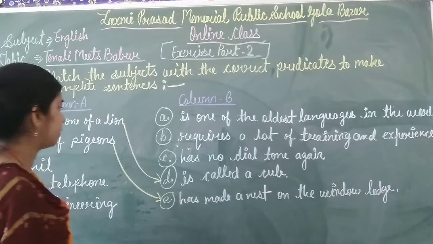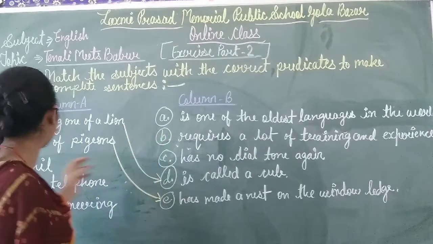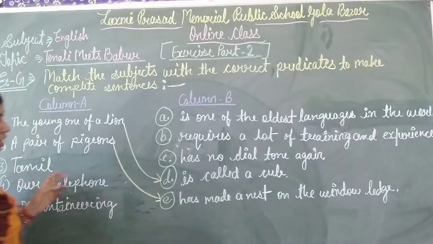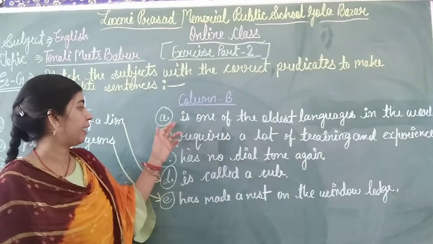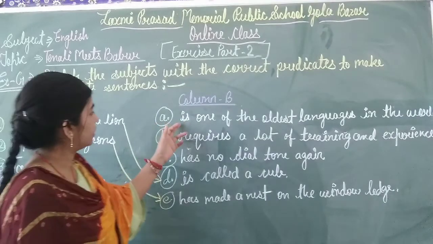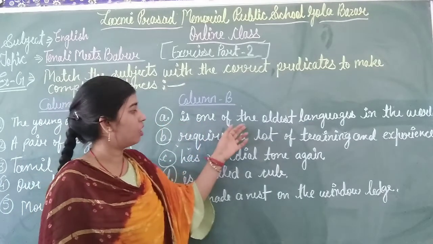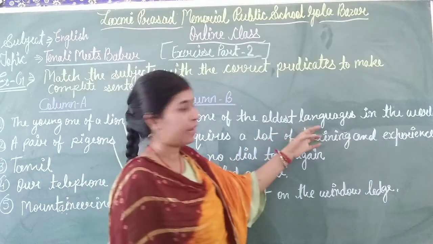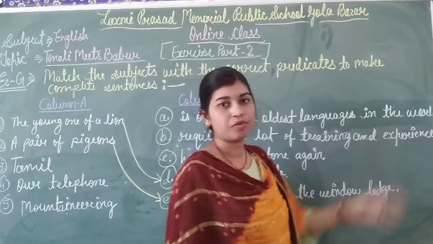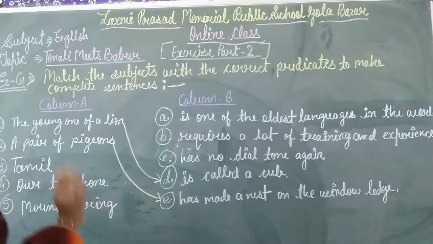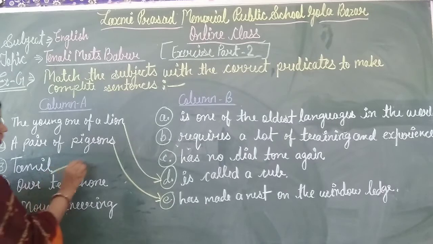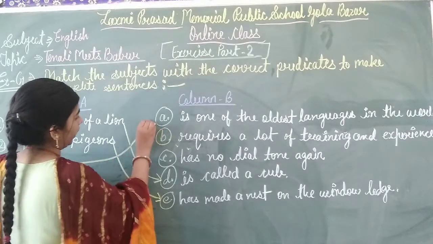So Tamil will match with option number A. That is one of the oldest languages in the world. So we match number 3 with option number A.